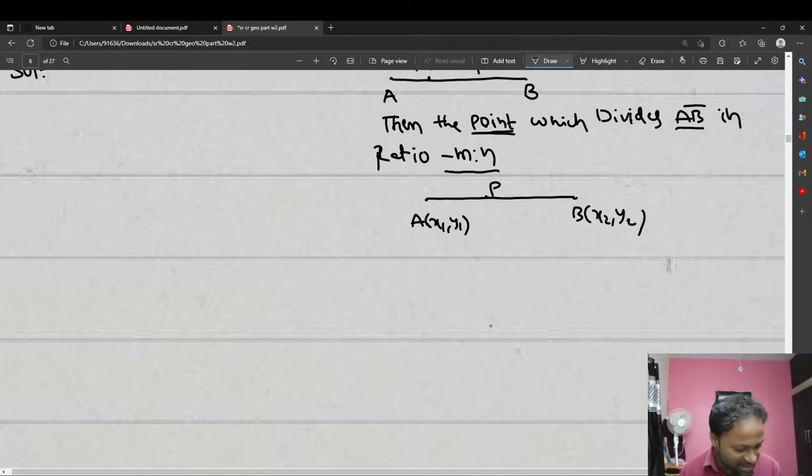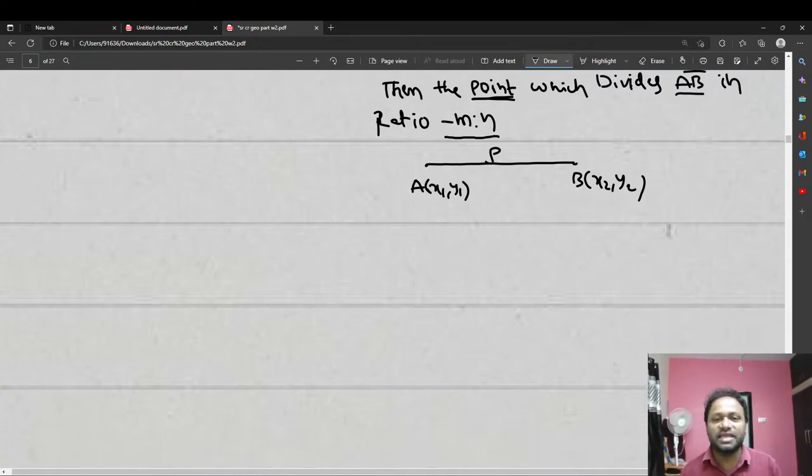Jyoti, try to find out the shortcut formula. We can find the ratio in the easiest way using one formula. Suppose I take the point as x comma y. It divides in the ratio x minus x1 is to x2 minus x. By using this formula, you can solve many problems.